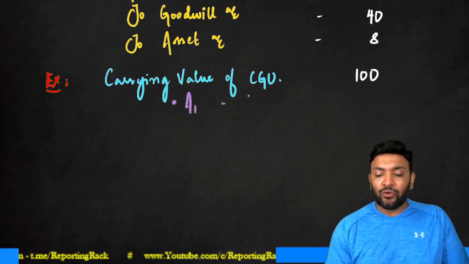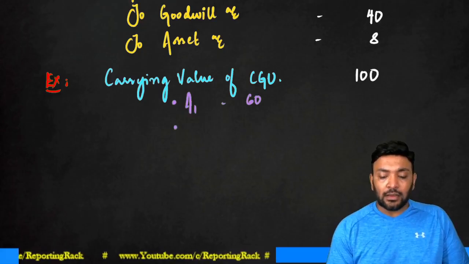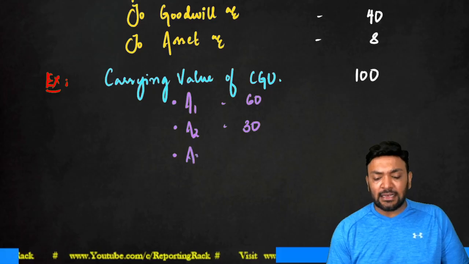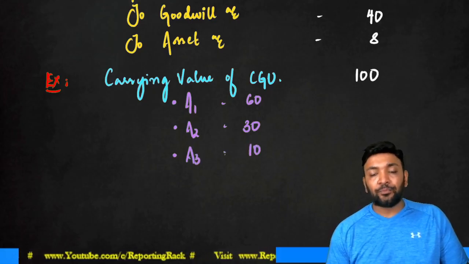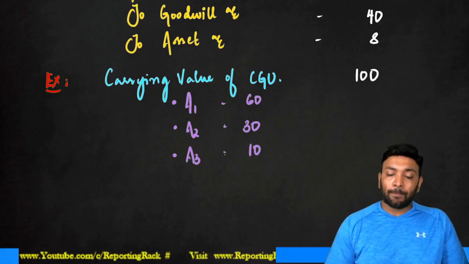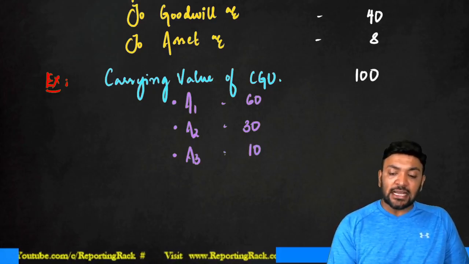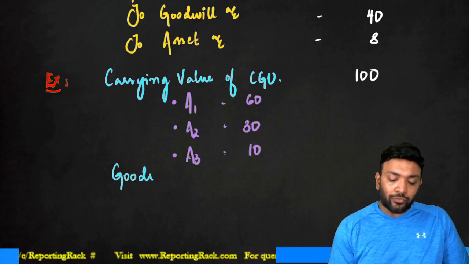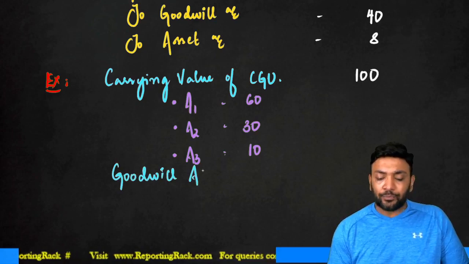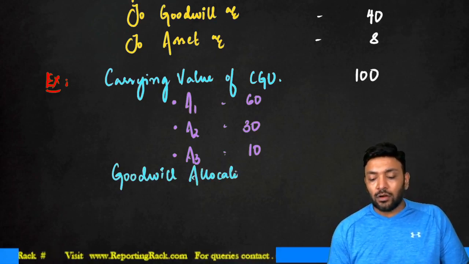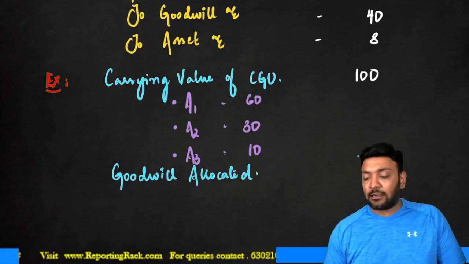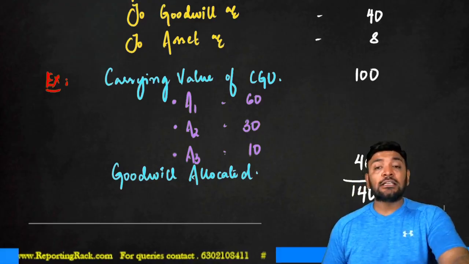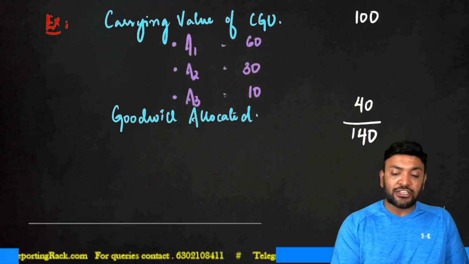Asset A1 had a carrying value of 60, asset A2 had 30, and asset A3 had 10. Let's say to this CGU the goodwill allocated is again the same amount, 40. That means the total amount of 140 shall be considered as the carrying value of the CGU.